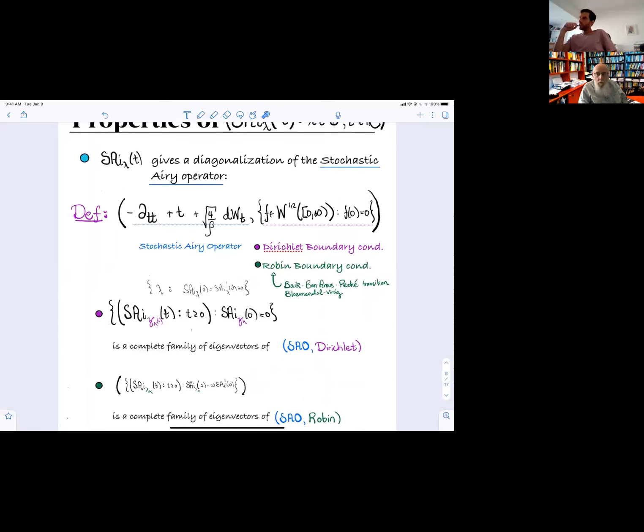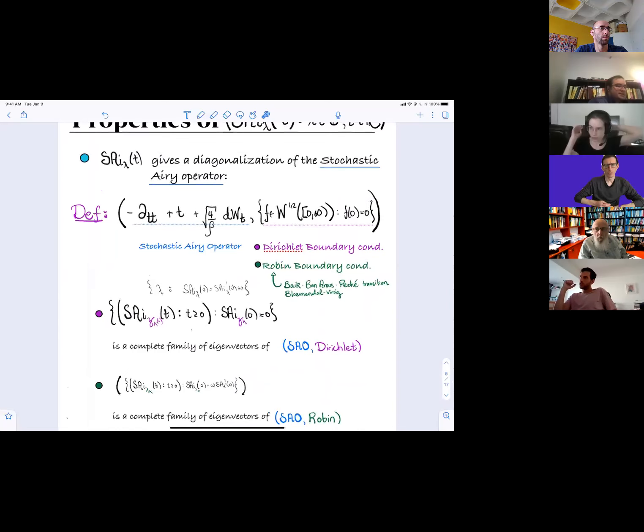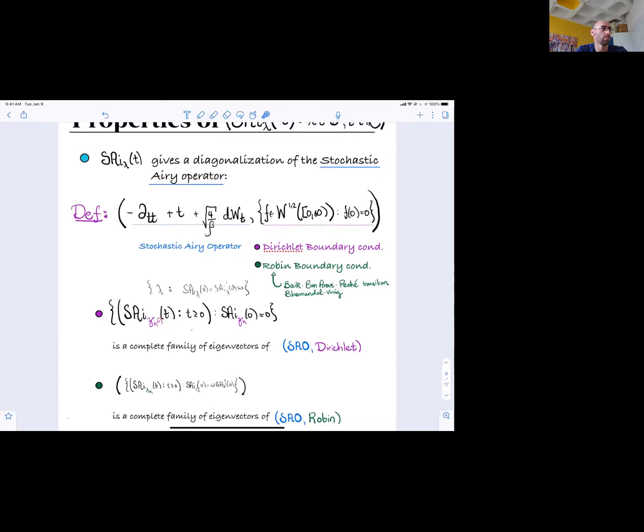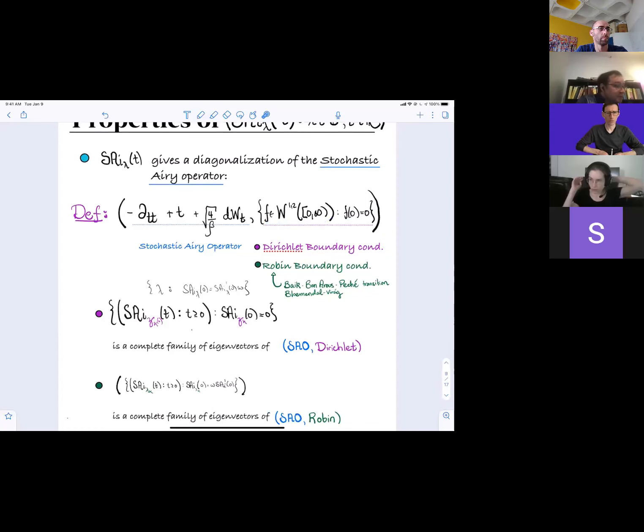It's a Sturm-Liouville problem effectively, but on an infinite interval. And the standard setup, the one that gives the Airy beta point process, is that you set the value of your function to be 0. You also specify that it's in some sort of boundedness class, so in this case I put W12, effectively setting its value at infinity to be 0 also.